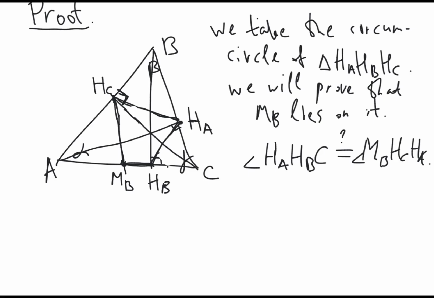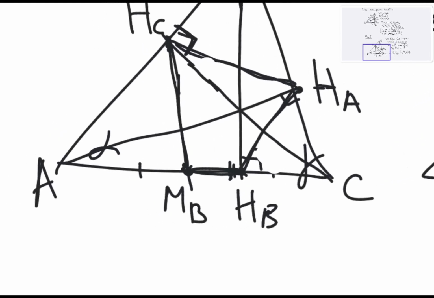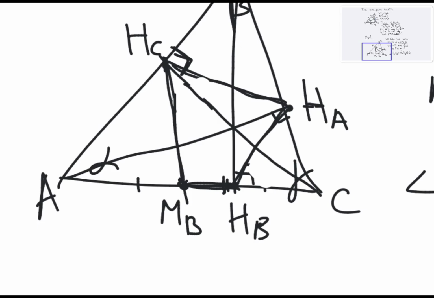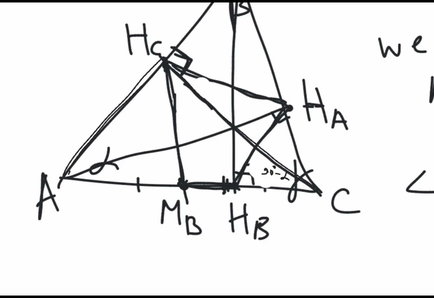So notice, because MB is a midpoint of the side AC, we have this angle. The angle ACHC is calculated as 90 degrees minus alpha, right? Because in the right triangle AHCC, one angle is alpha, another 90 degrees, and the third one is 90 minus alpha.